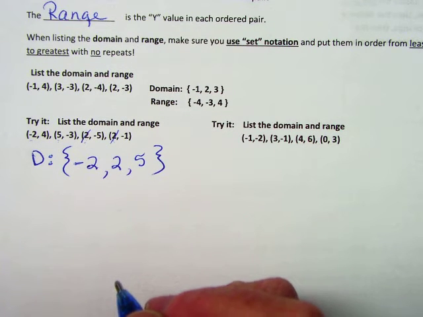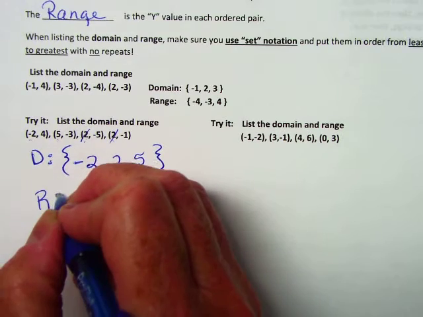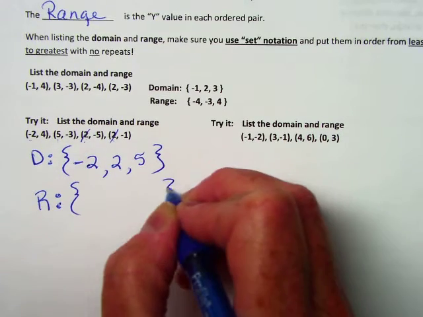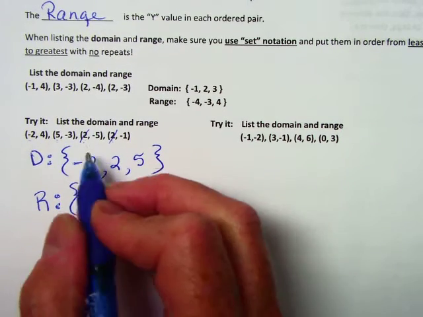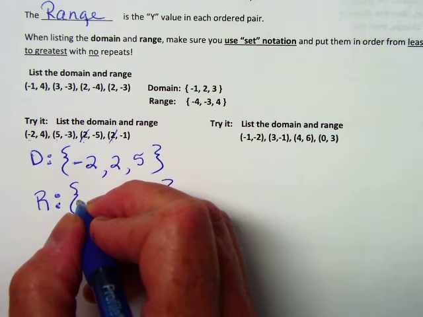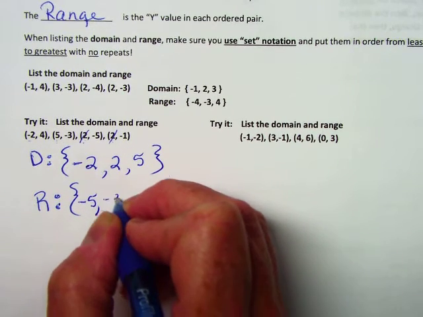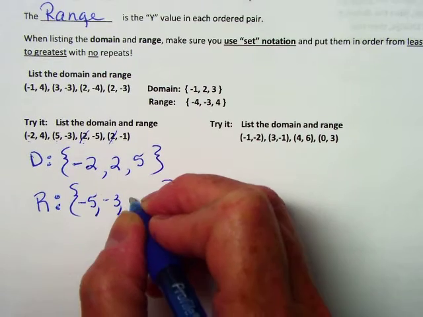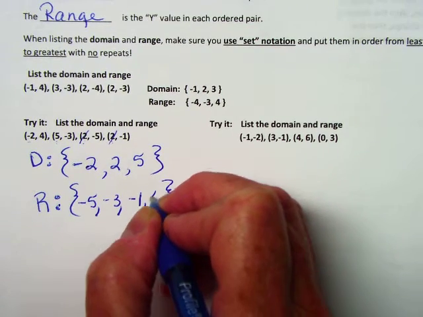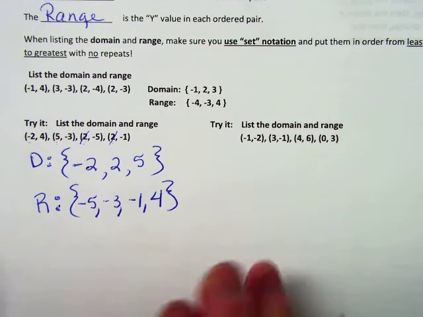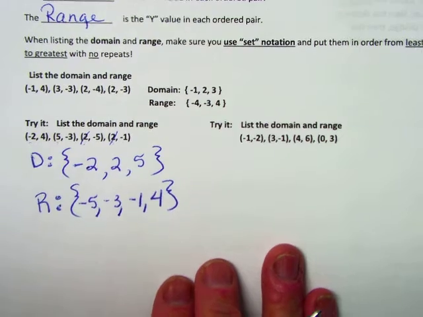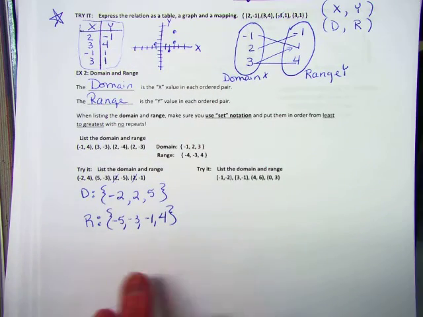Now we have to list the range. Now we're looking at the Y values. -5, -3, -1, and a +4. Is that right? Yeah. Okay, what's the disadvantage of just listing them using this method?